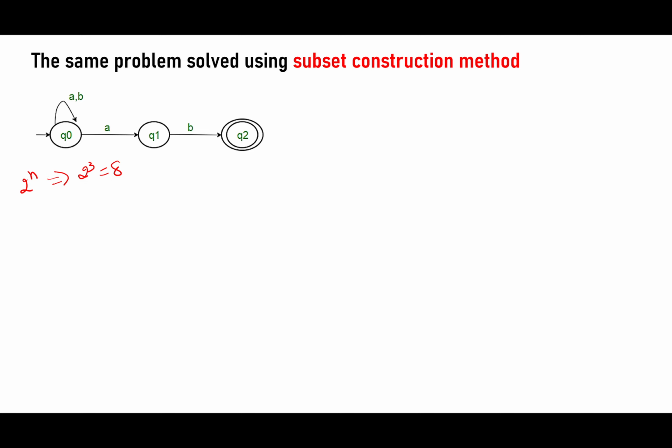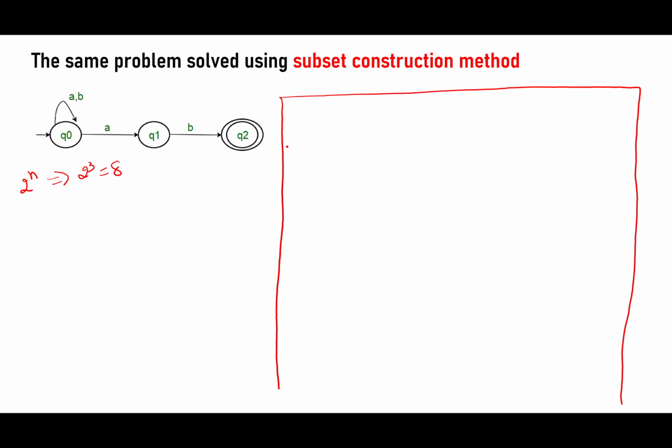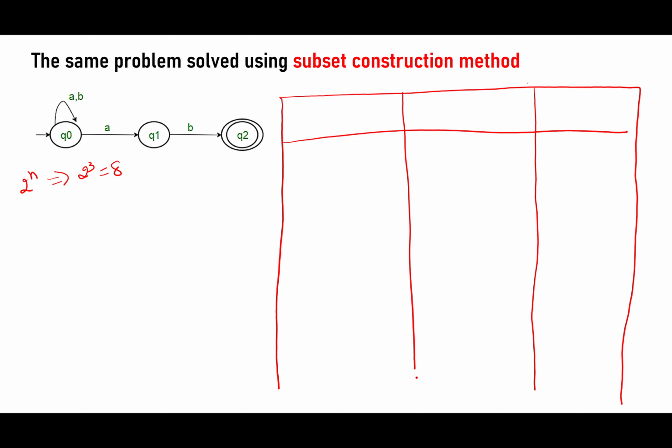The set of all subsets can be formed by combination. I'm going to represent the possible set of states. Here the input symbols are a and b, and we are considering null also as one state.